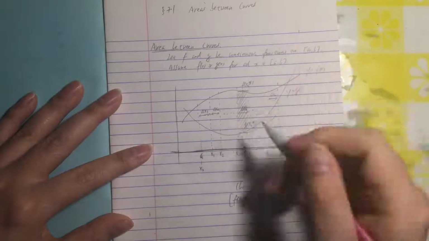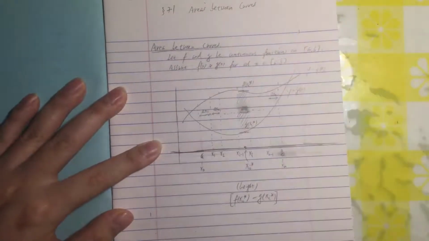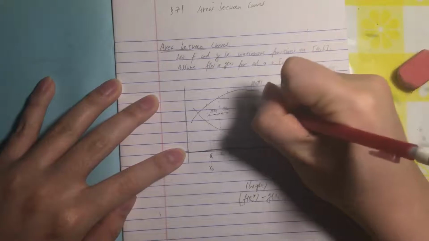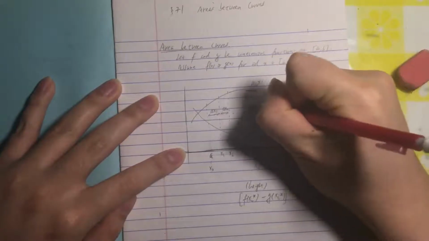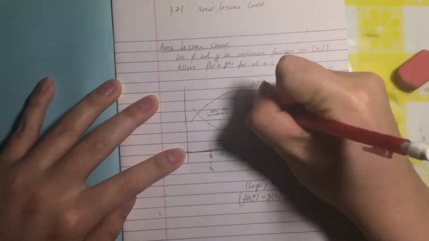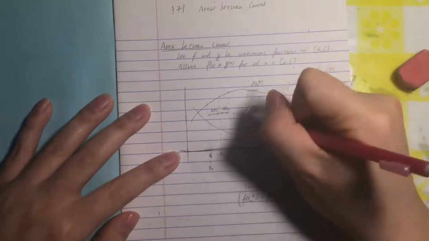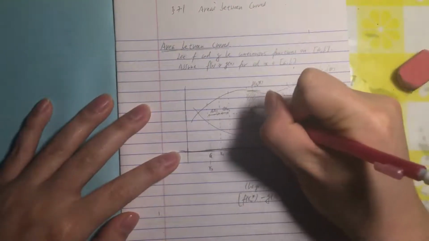Now, for the width of this rectangle, I have delta Si here.